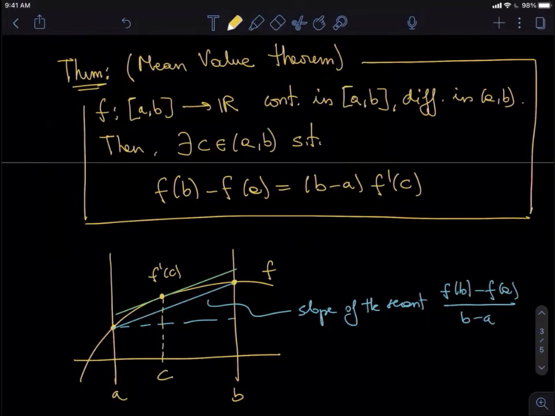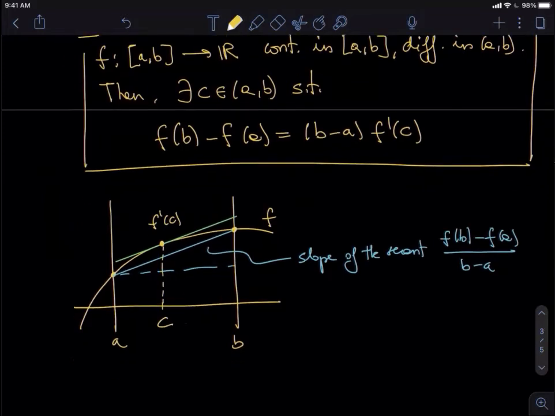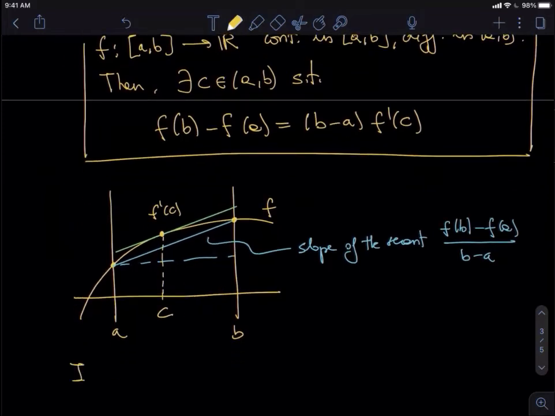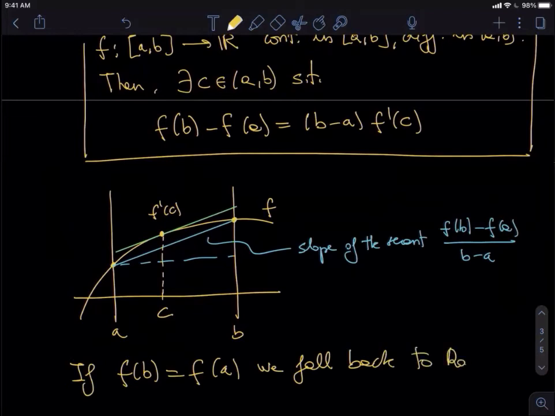In particular, of course, if f of b equals f of a, we fall back to Rolle's theorem. So this is more general. And actually, we can prove it using Rolle's theorem.